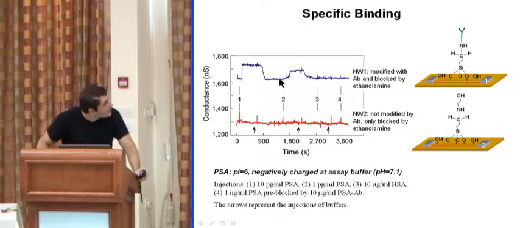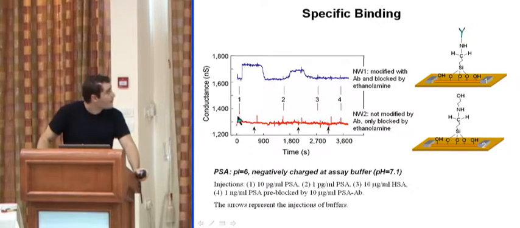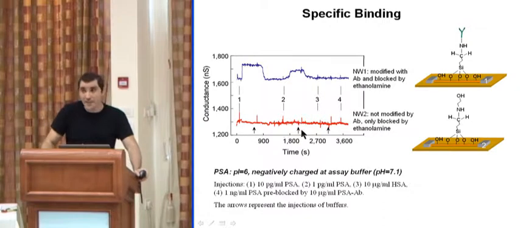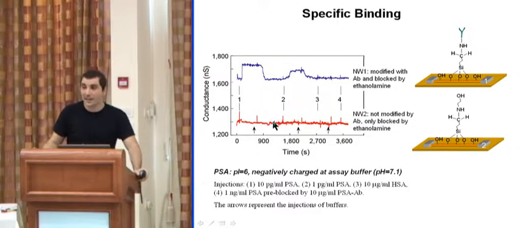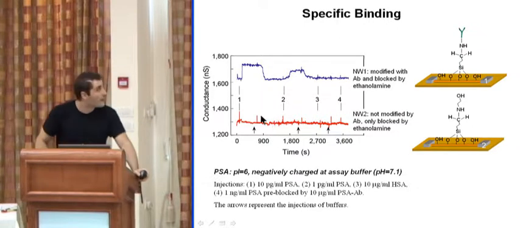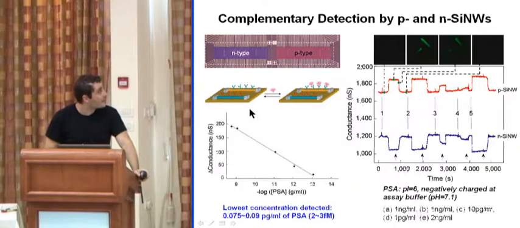Different concentrations of the PSA lead to different signal sizes. For the second device that was measured simultaneously, we don't see any signal, and it means that the sensing is as specific and selective as we expected.